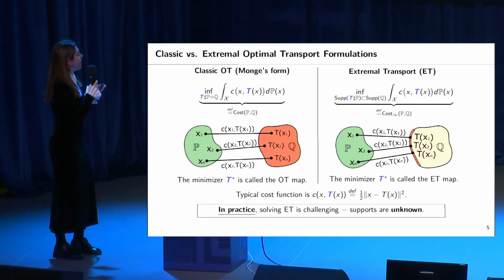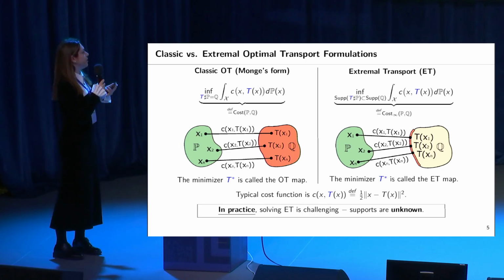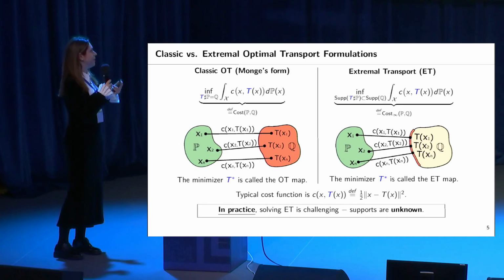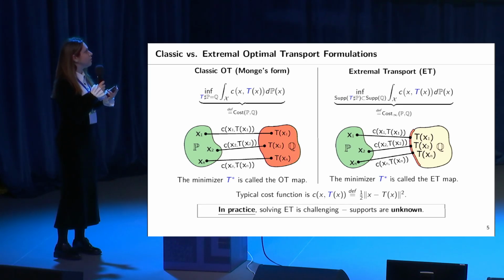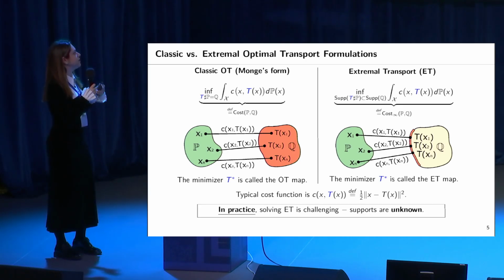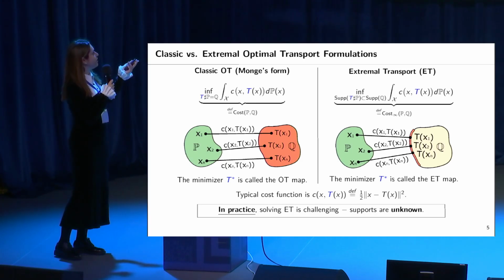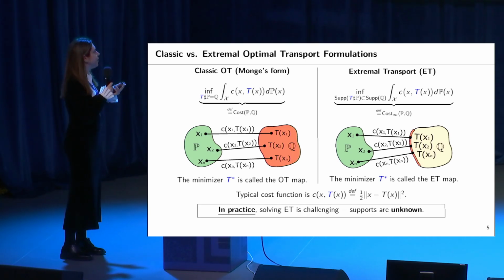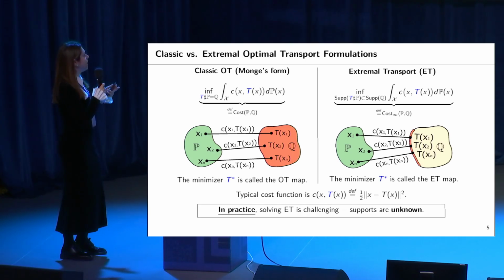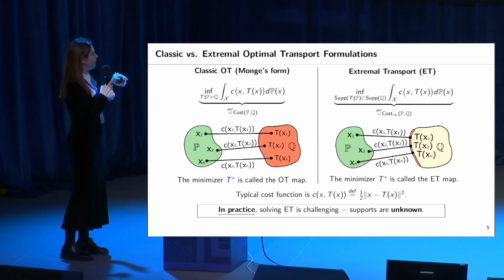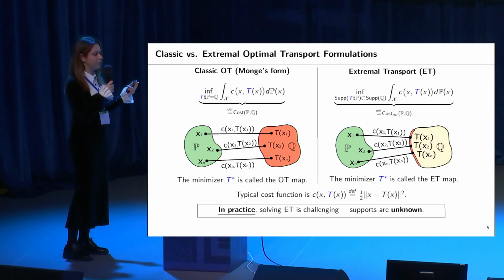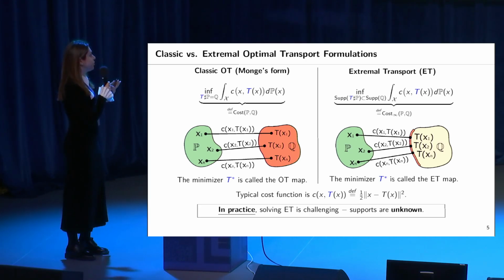So in our paper, we propose another formulation called extremal domain translation, which allows keeping the similarity in the best way. Here we need to recall the notion of the support. By the support, we mean the low-dimensional manifold where the real probability distribution Q lives, for example, the distribution of images.